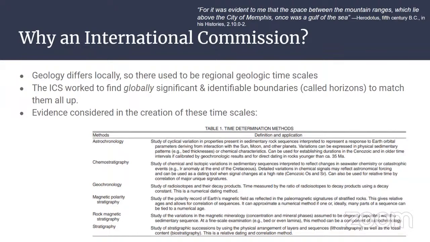These are called horizons. So if they describe a geologic horizon, that's talking about this boundary. And they have some specific types of evidence that they look for. So you can dig into the International Commission website and find all their definitions and data.